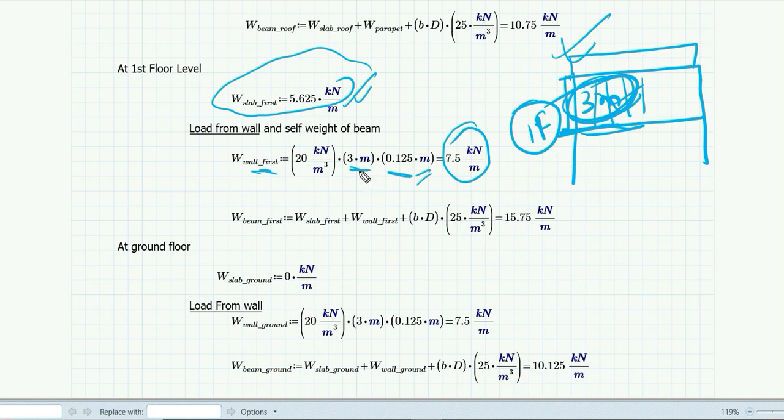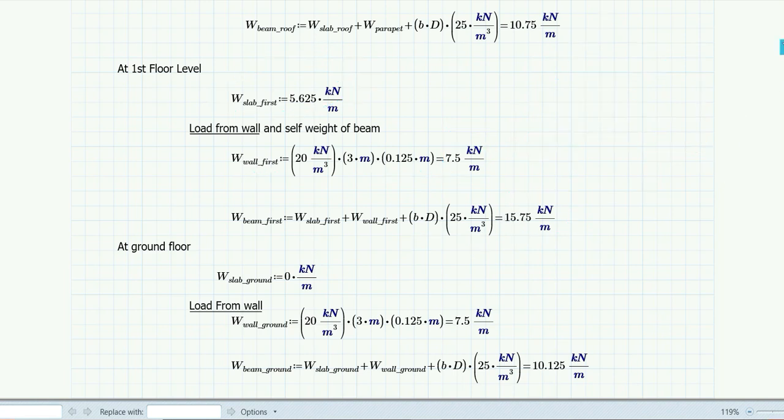Okay, and along with that, self weight is also going to be there. So for the beam in the first floor, the load of the slab is going to come, as well as the wall, as well as self weight, which in turn will give you 15.75. Okay, similarly we can find out for the ground floor.